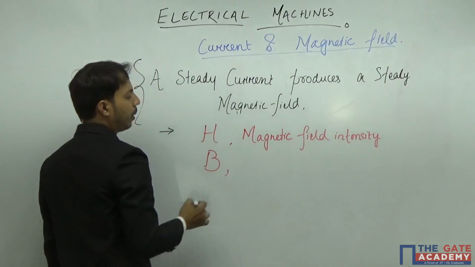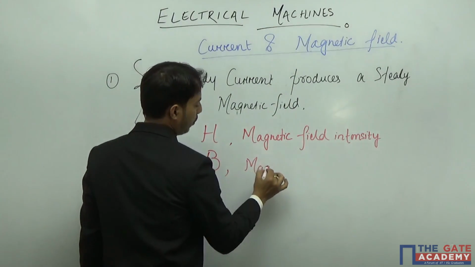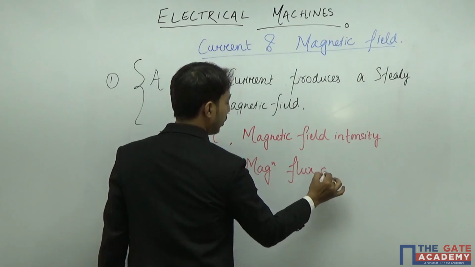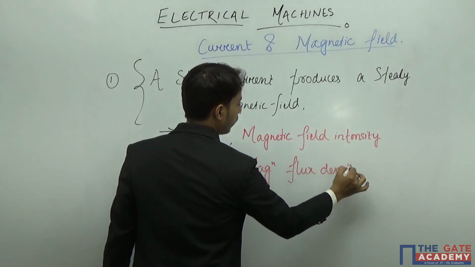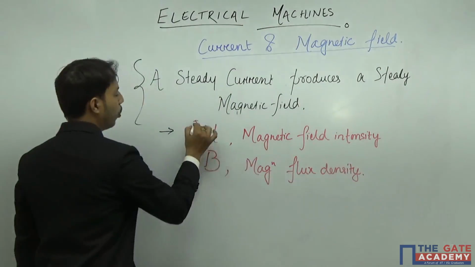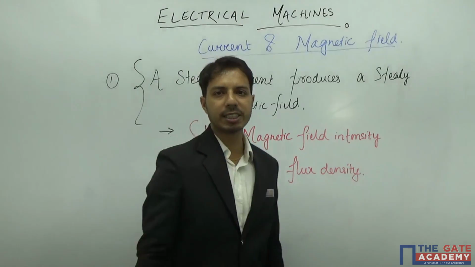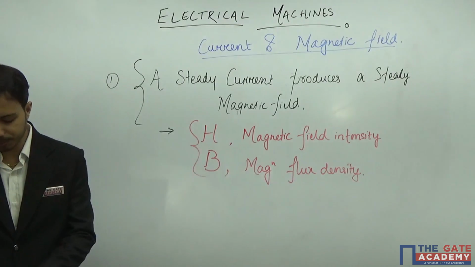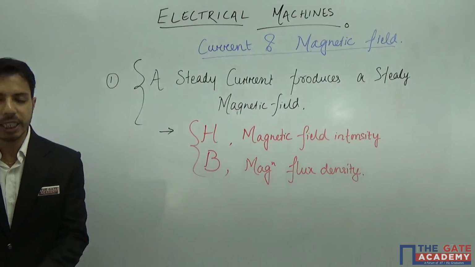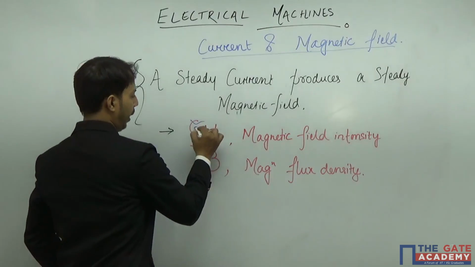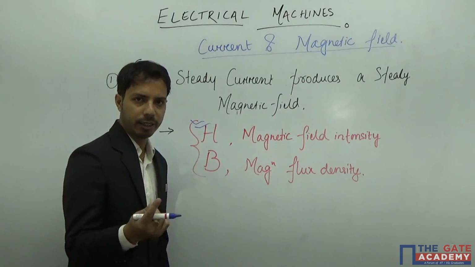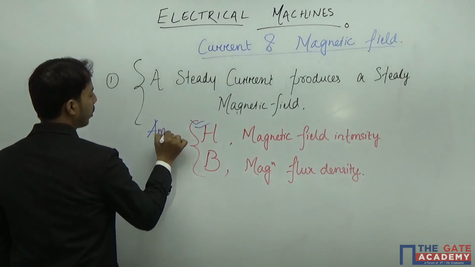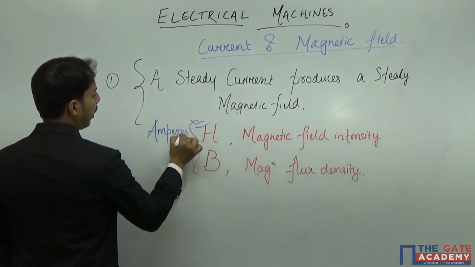B is the magnetic flux density. Both these terms represent the strength of the field. If we need to calculate the strength of field in terms of H for a steady current and a straight conductor, we can use Ampere's law.